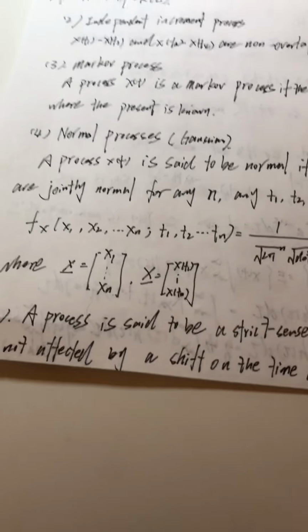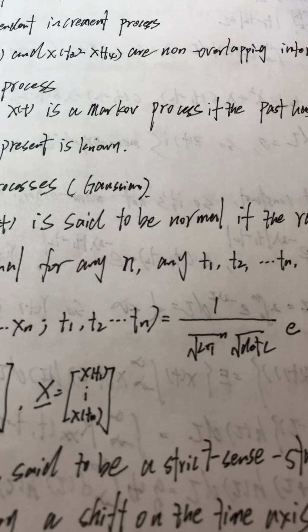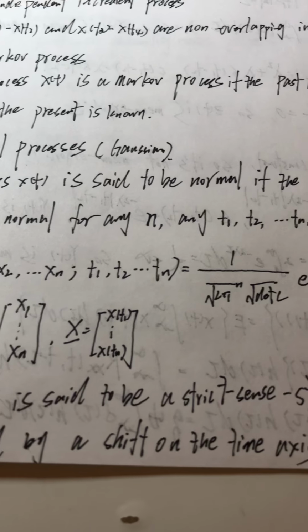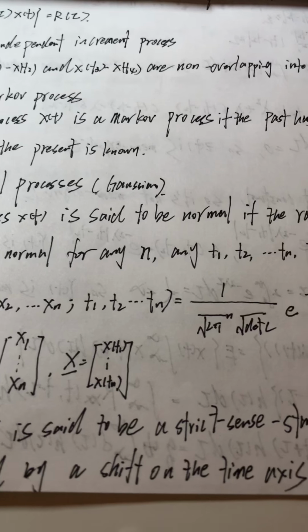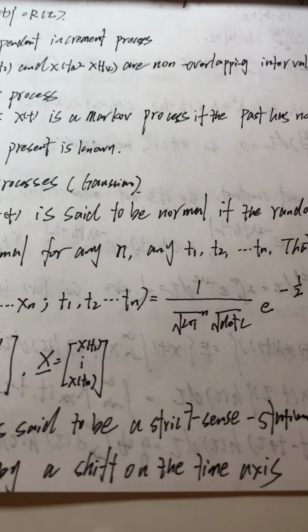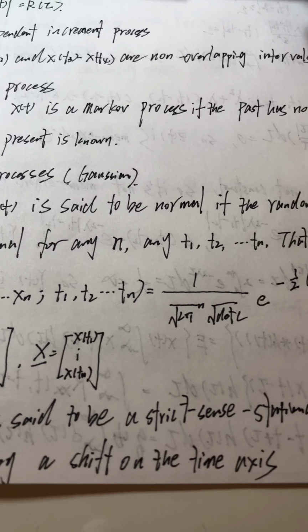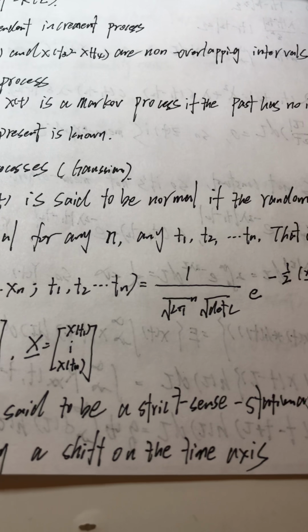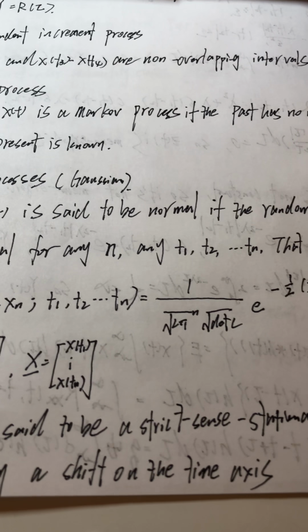And the fifth one is the strict sense stationary process. A process is said to be a strict sense stationary process if its statistics are not affected by a shift on the time axis.